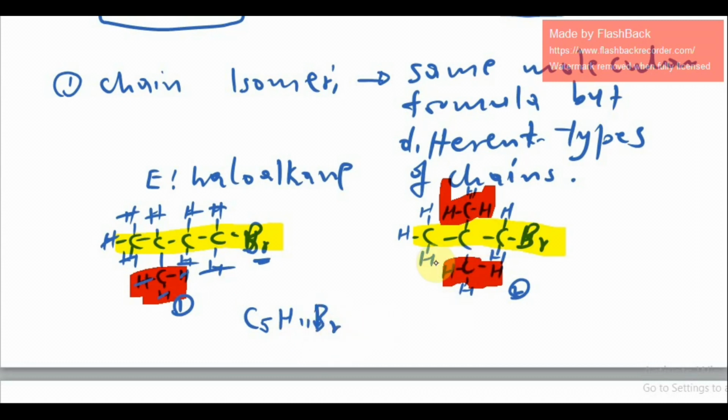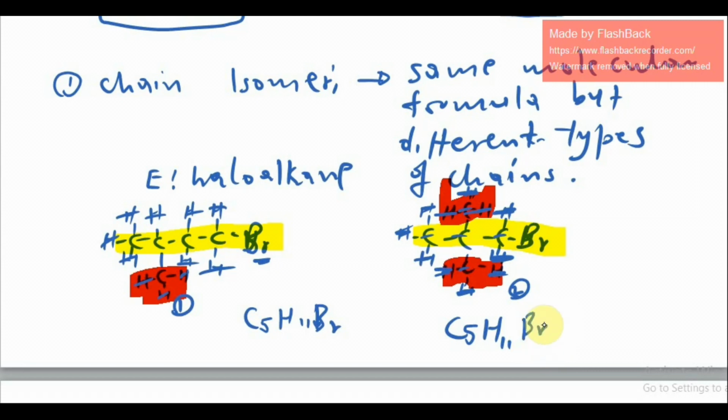Let's come to this one. So carbons are 1, 2, 3, 4, 5. There are 5 carbon atoms. The hydrogens 1, 2, 3, 4, 5, 6, 7, 8, 9, 10, 11. So there are 11 hydrogen atoms and Br.